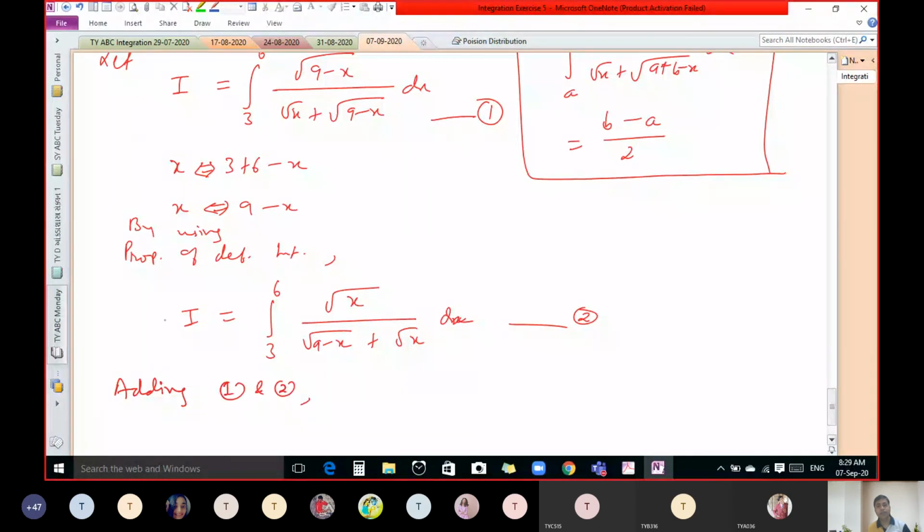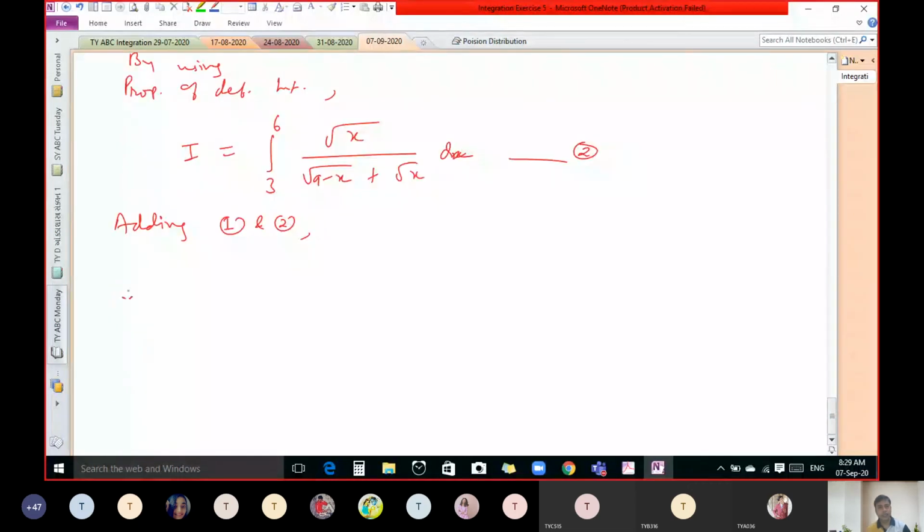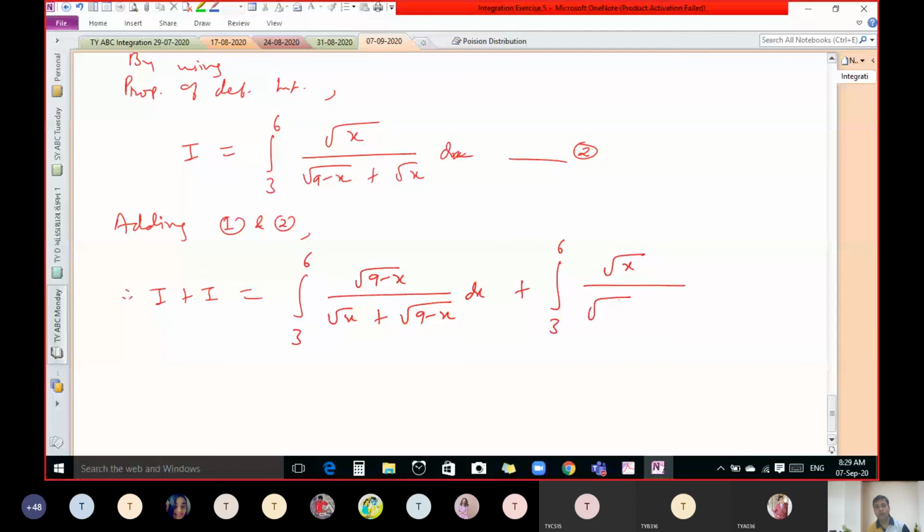Adding 1 and 2. The left hand side is I plus I, and in the right hand side it is 3 to 6 root 9 minus x upon root x plus root 9 minus x dx. This is our equation 1, plus equation 2, the same thing, 3 to 6 root x upon root 9 minus x plus root x dx.